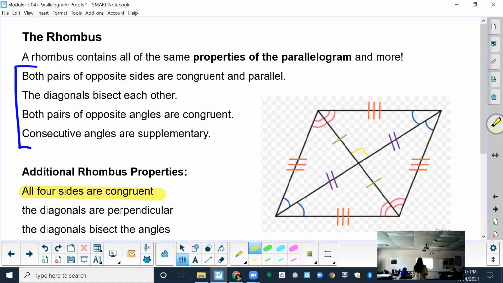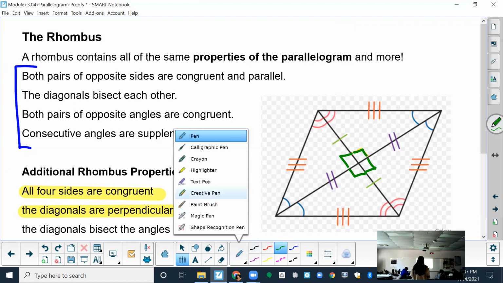The diagonals are perpendicular, so there should be right angles at the diagonals. And the diagonals bisect the angles. So like right here, I don't know if that's just poorly drawn or I'm not sure, but these diagonals cut the angles into 2 equal halves. Questions about that?